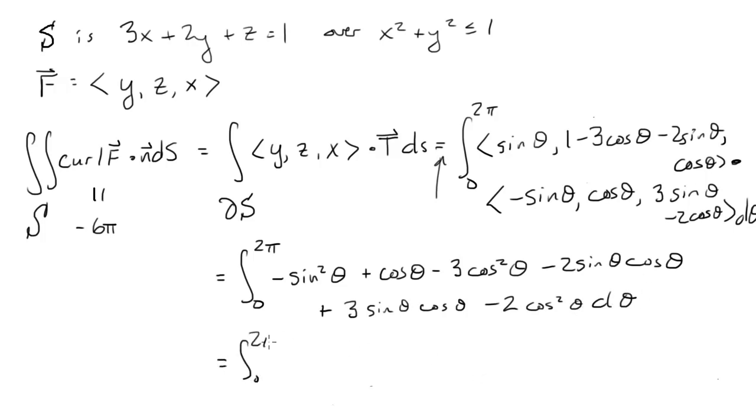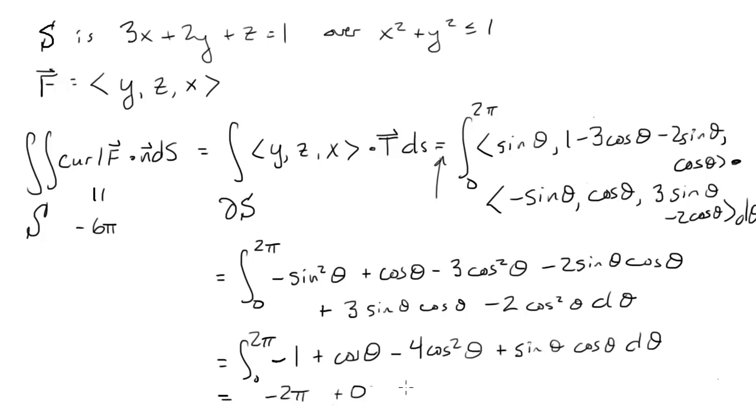Sine squared plus cosine squared turns into a 1. Calc 1 integrals. Minus 2 pi, 0, minus 4 pi, 0. And minus 6 pi is my answer.